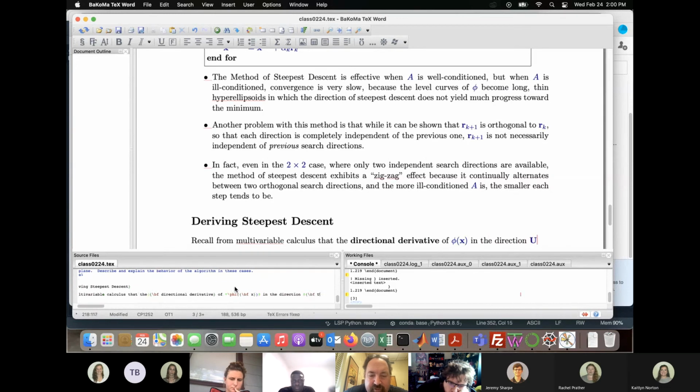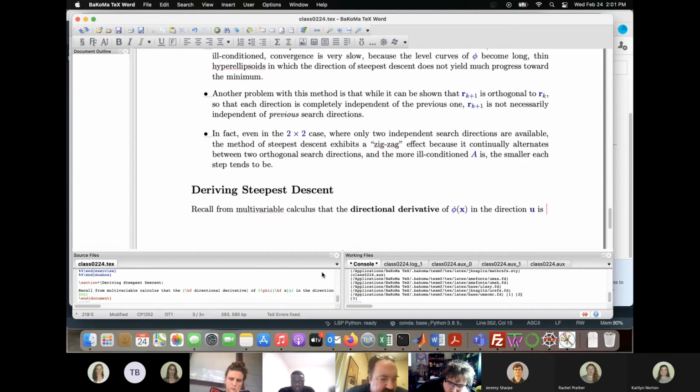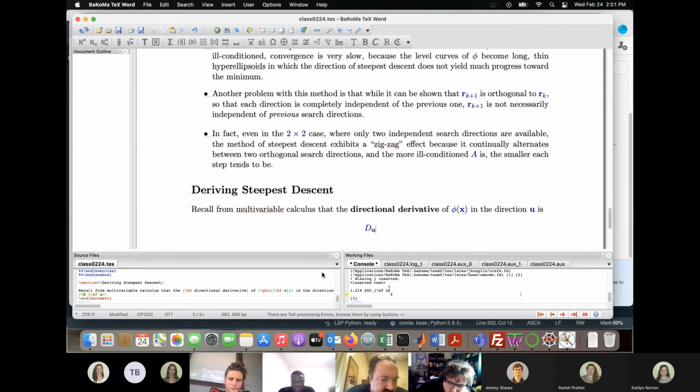Instead of just taking partial derivatives with respect to x1, x2, etc., you want to find out the rate of change of phi when x is changing in a direction indicated by u. That is sometimes written as D_u of phi, and that is equal to the gradient of phi dot product with u.